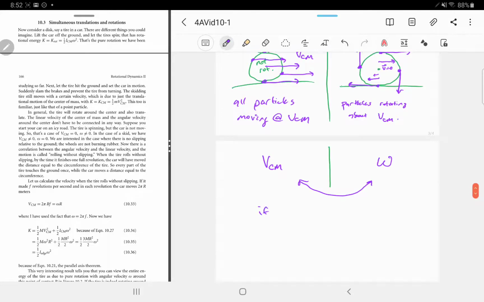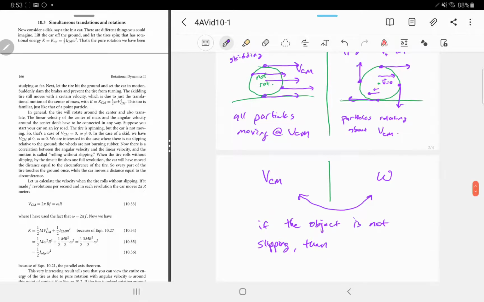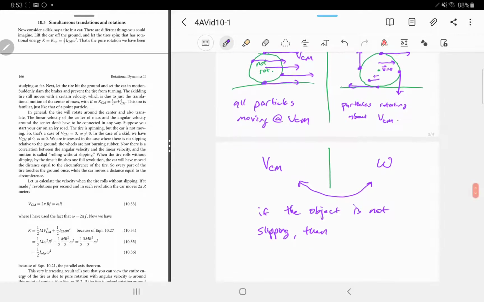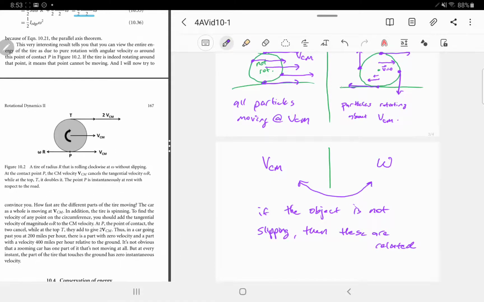If the tire is not slipping, or I should say if the object, to keep this general, if the object is not slipping, then we can connect these two. Then these are related. And so now we can start to understand this picture.